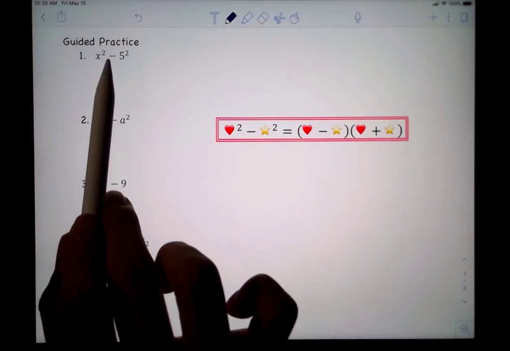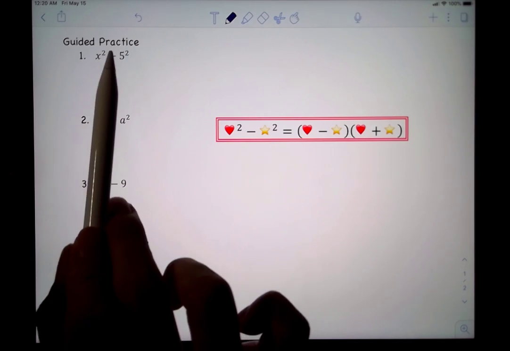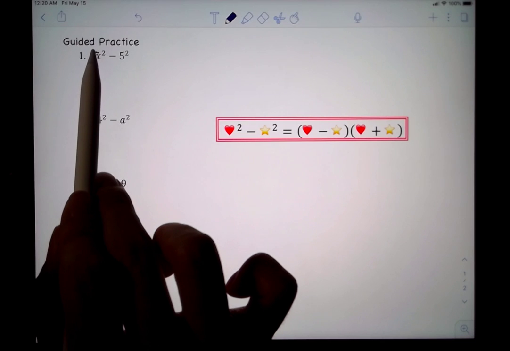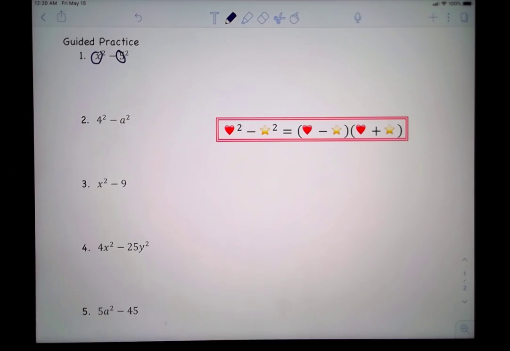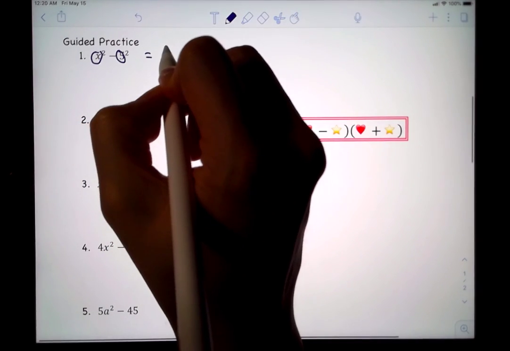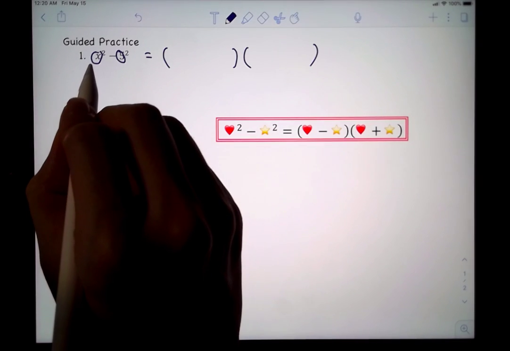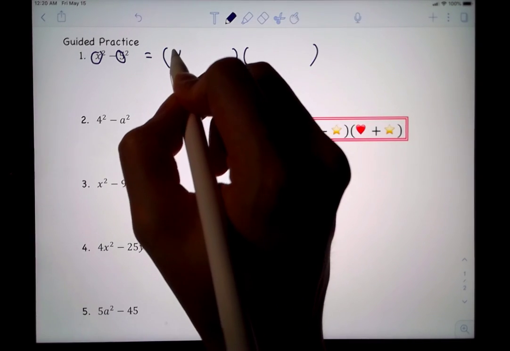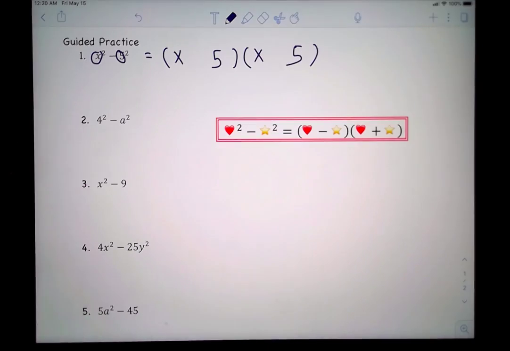So look at this, guys. x squared minus 5 squared. In this case, you're just getting the base only. So x and 5. That's my number. I'm going to use those 2 numbers. You just write 2 parentheses, and repeat your base, x 5, x 5, like that.